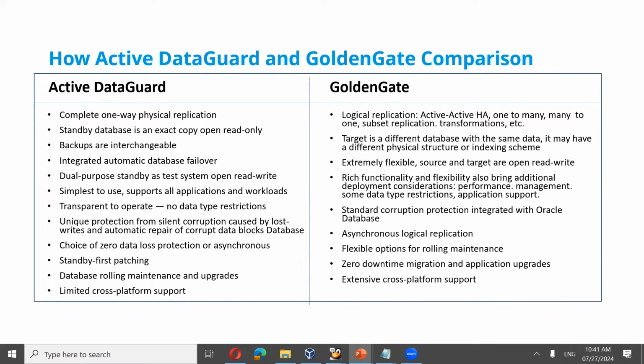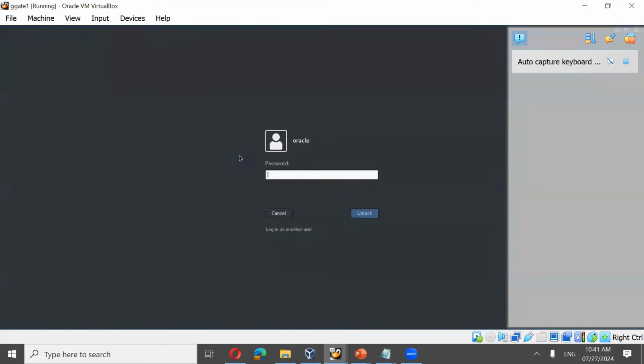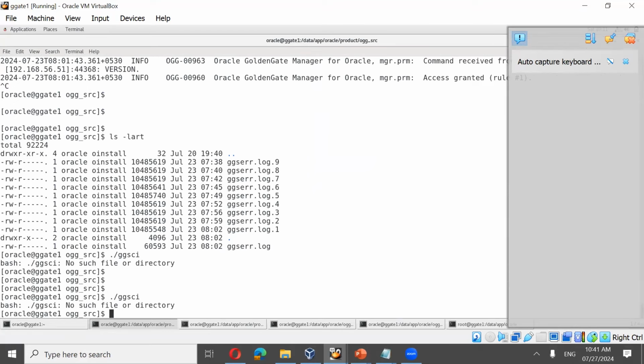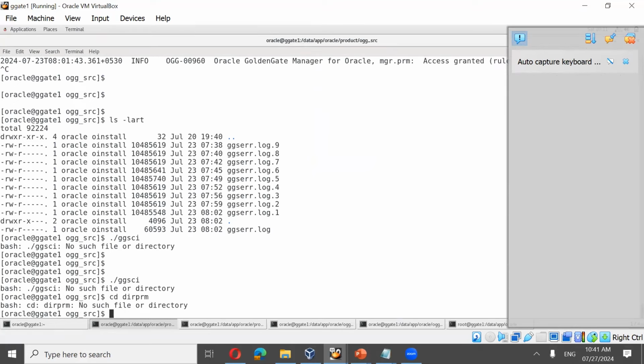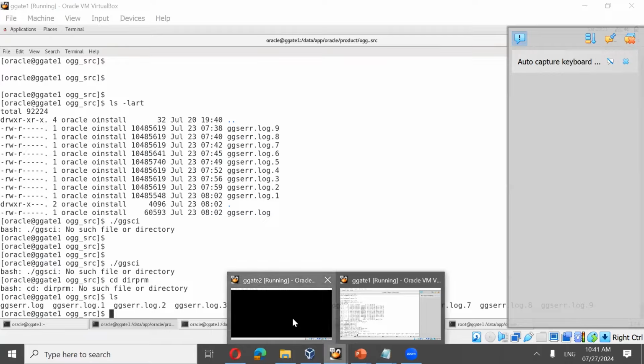So when you configure GoldenGate, say for example, you're configuring GoldenGate here. Let me show you one configuration here. So this is one of my GoldenGate environments. Oh, I think I deinstalled it. Okay, let me go to ggate2.